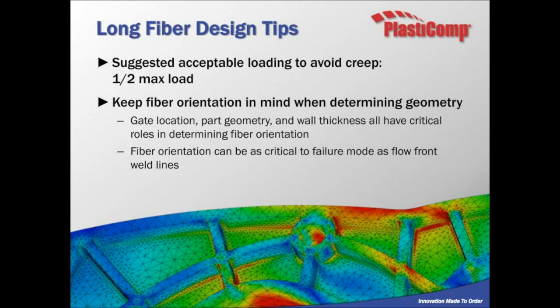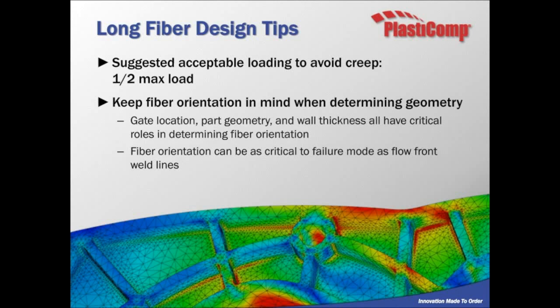So when I get the question, how do you manipulate fiber orientation, which is the obvious next question, you can do so by gating location, part geometry, wall thickness. You know, a lot of people who design for plastics are familiar with the term race tracking. People who deal with metals haven't heard of that before. Race tracking is the behavior where a flow actually travels faster through a thicker conduit.